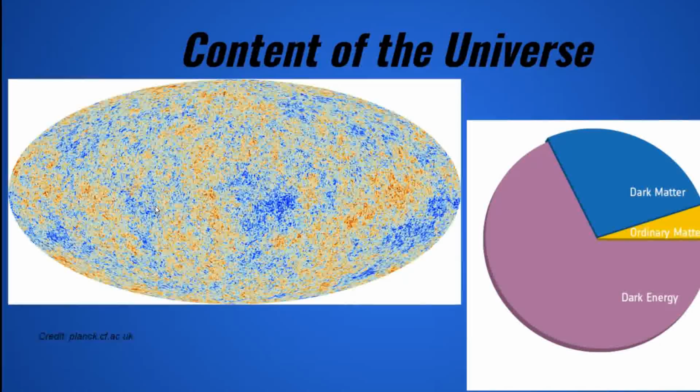That's the difference. So essentially it's uniform, and thanks to this we could infer what's inside our universe. Ordinary matter, which is us and our stars and planets, is 5% ish. Dark matter is 26, 27, and the rest is dark energy.